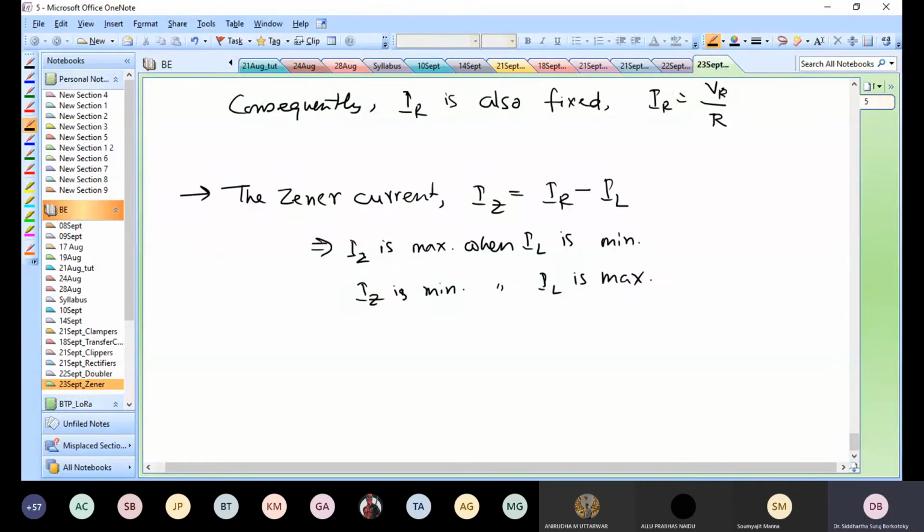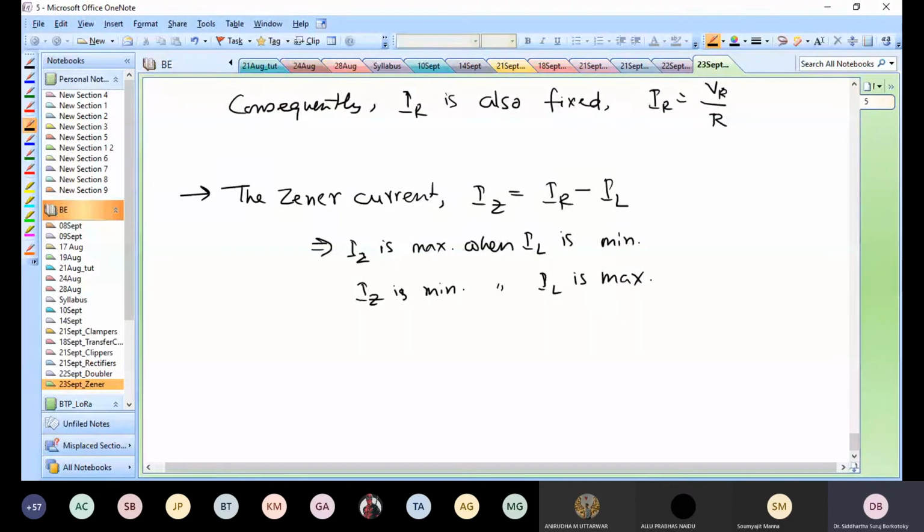So when does IL become maximum? IL becomes maximum when I am using the smallest allowable value of the load resistance. At that point, I have maximum load current, and at that time, I have the minimum Zener current. And the situation reverses: if I make IL the minimum value, then IZ becomes maximum.